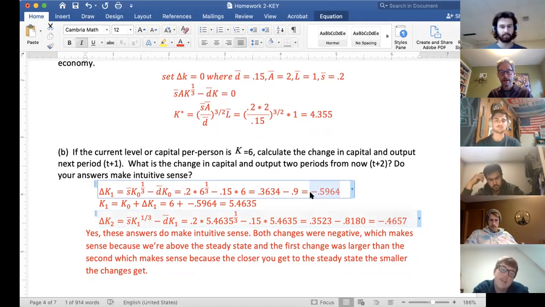If you, at the end of this, said, you know what, I got a positive number, that doesn't make any sense, I think I've screwed something up, that is a very good answer to me, right? Even if you screw something up math-wise, but you know that it's not right because your intuition is strong, that is going to get you a lot of credit. And so I think that's really what I was asking: forget the math. Can you explain what's going on? Does your answer make sense to you?